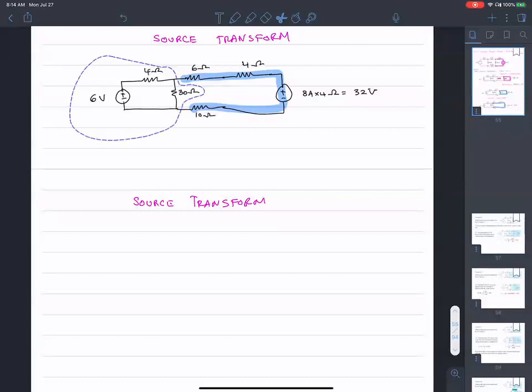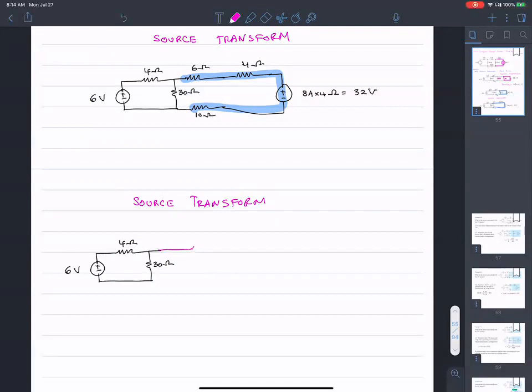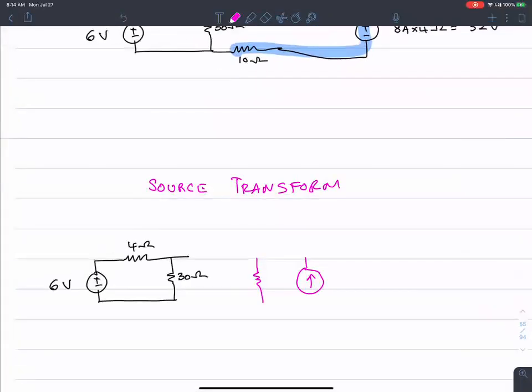Let me duplicate this guy. By applying source transformation, I'm going to convert this highlighted part into a current source with a parallel resistance. I have 6 plus 4 plus 10, so this resistance is going to be 20 ohms.